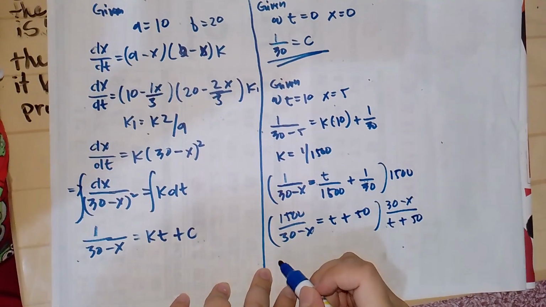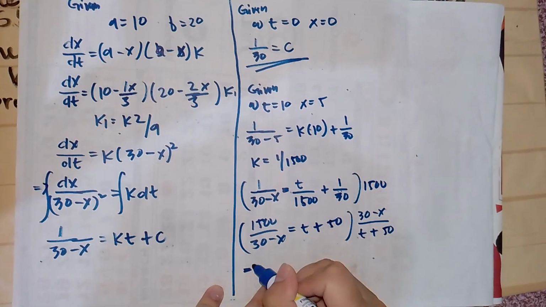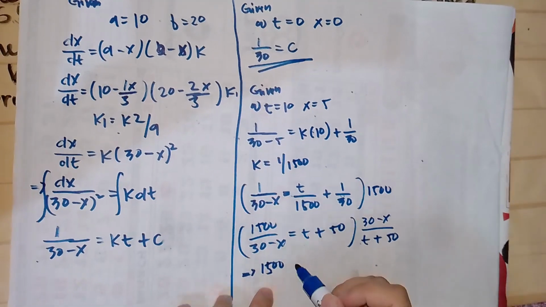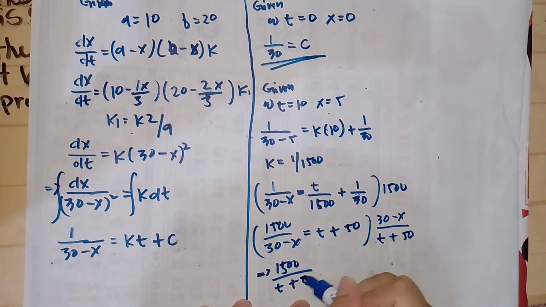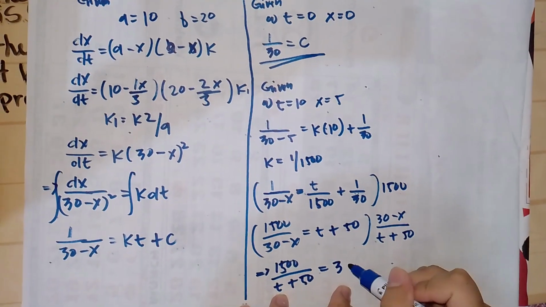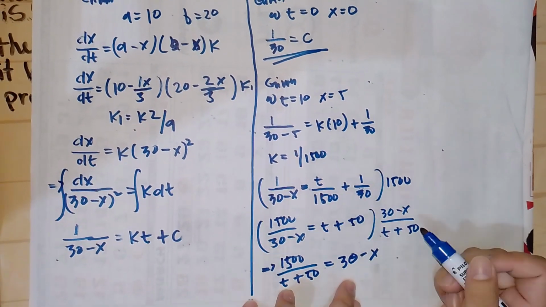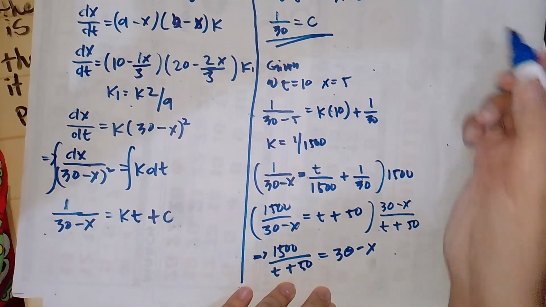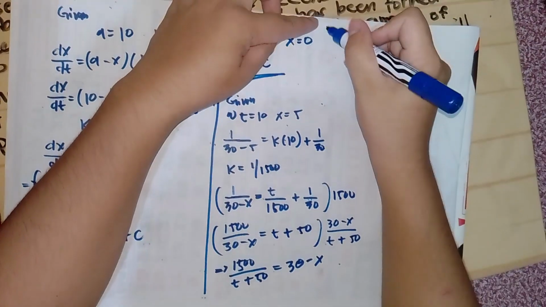So we have 1,500 over t plus 50 is equal to 30 minus x.